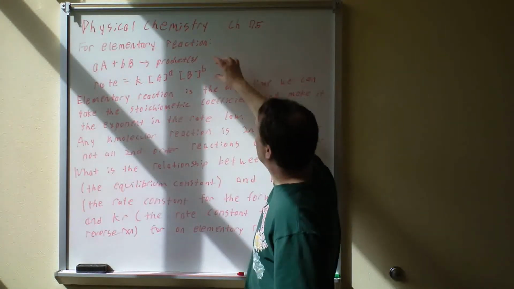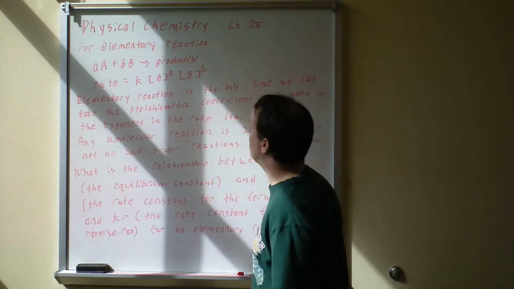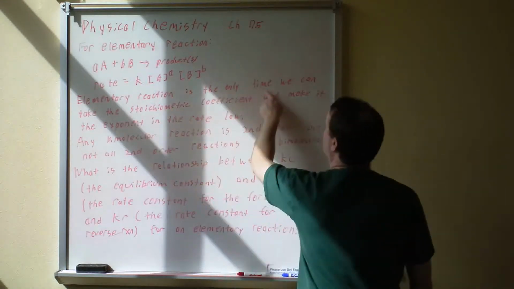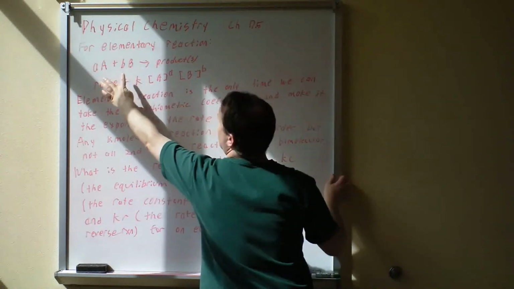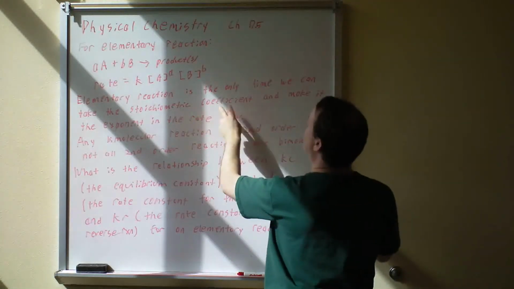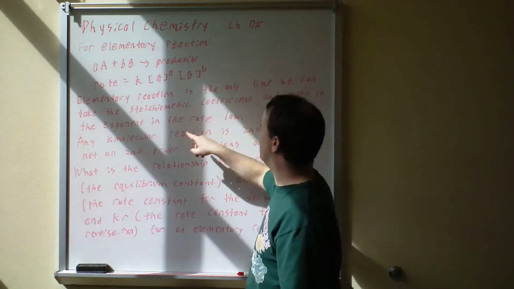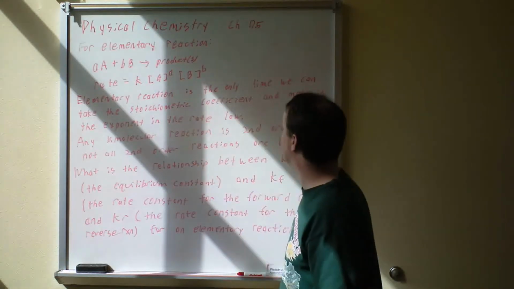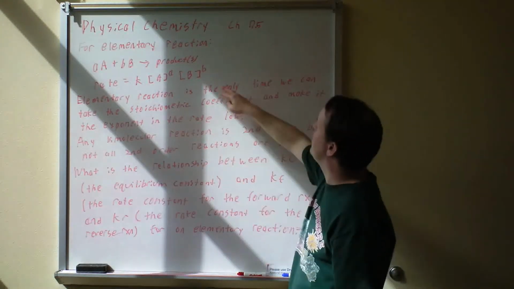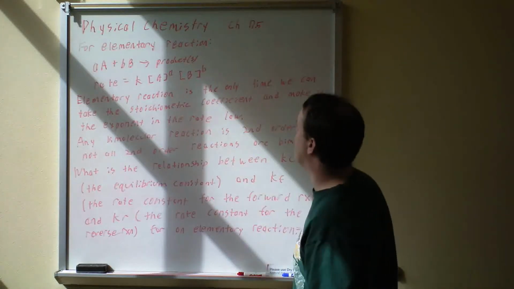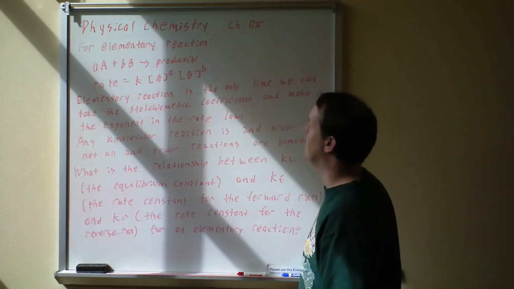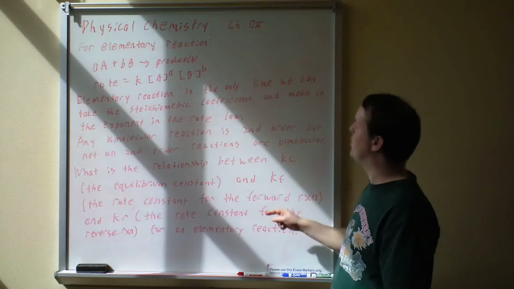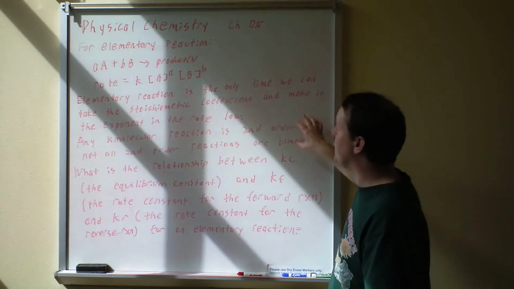Now remember, we can only do this if it's an elementary reaction. An elementary reaction is the only time that we can take the stoichiometric coefficients from the reaction and use them in the exponents of the rate law. So, like I said, don't be tempted to do that with a multi-step reaction, a regular reaction, because you really do have to come up with a way to determine the rate law.